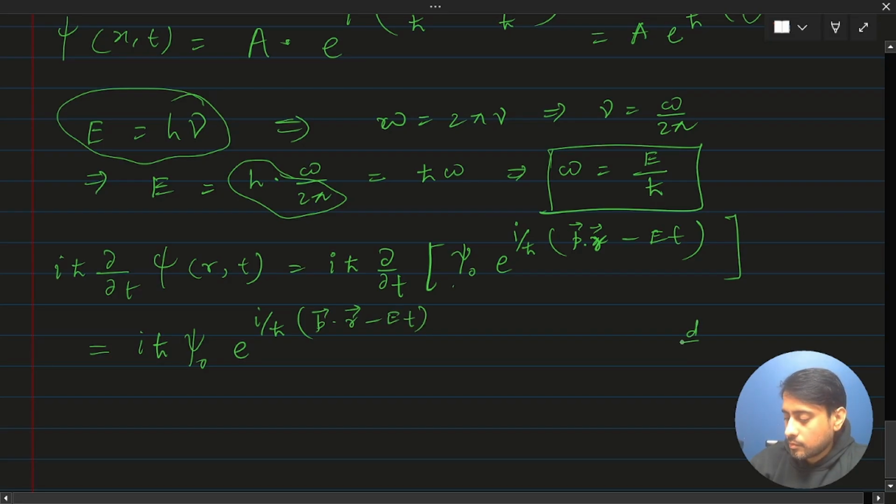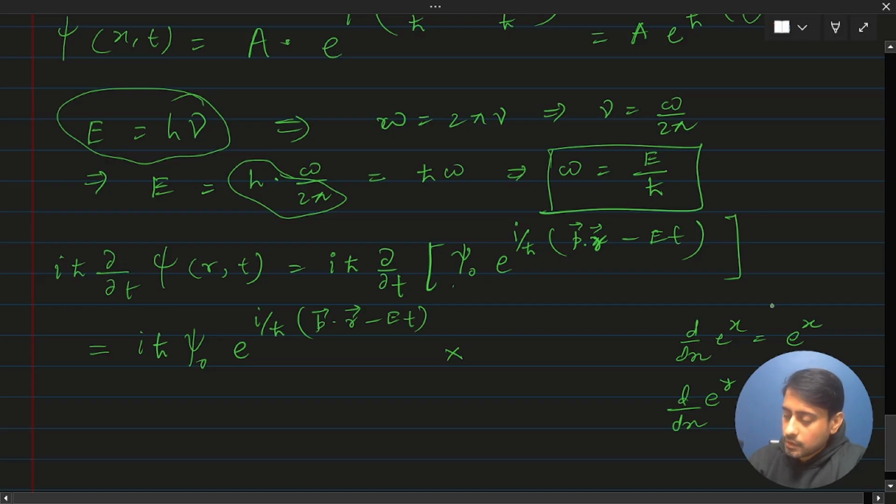You know that d over dx of e to the power x is e to the power x. So this we have used, but now if you are differentiating e to the power y with respect to x, you have e to the power y into dy over dx.